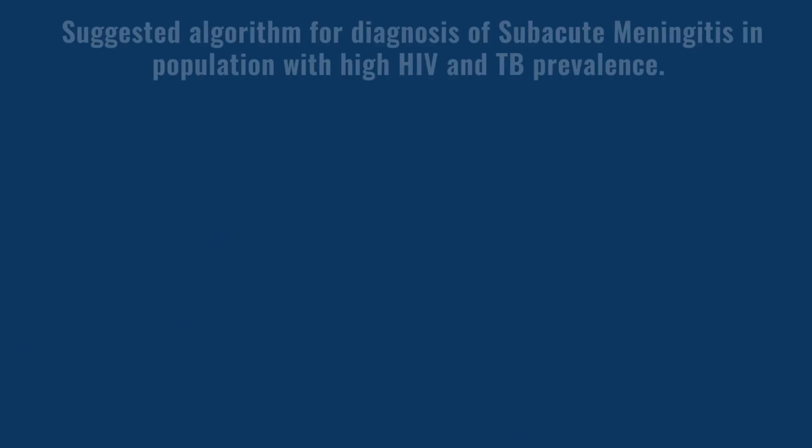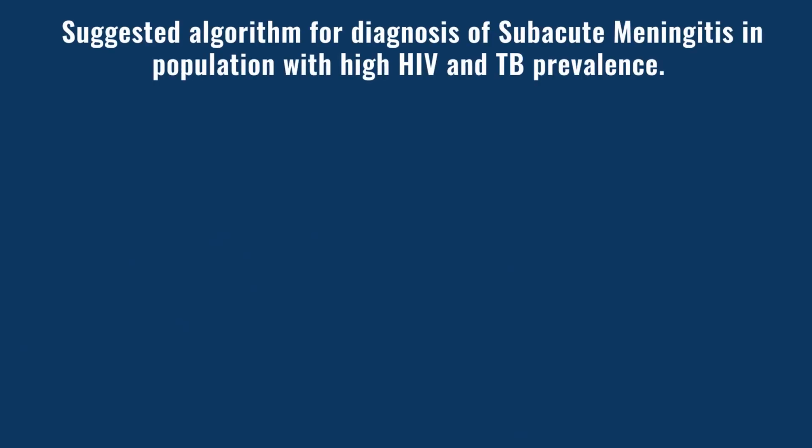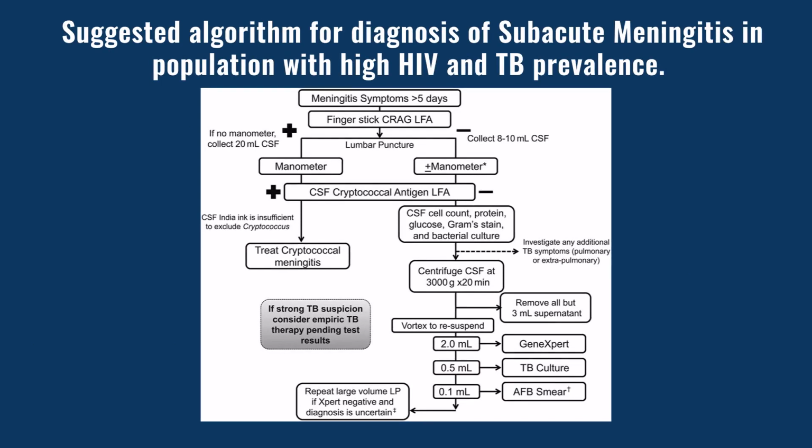This is a paradigm which tells you the approach to these patients, especially where HIV is endemic, where the two most important tests you do are a peripheral cryptococcal antigen followed by CSF. On that CSF, you do both Xpert as well as a CSF cryptococcal antigen test through a lateral flow assay using large volumes and centrifugation, and based upon those results, you would make a diagnosis.